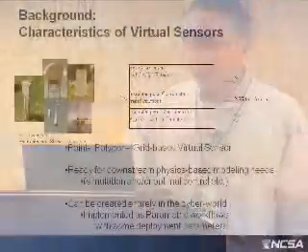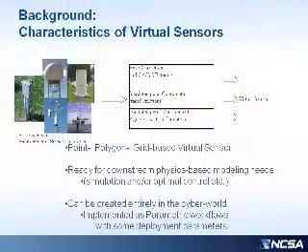So the characteristics of virtual sensors is more on the raw sensor data side, where you can do error correction, QA/QC filtering, spatial temporal coordinate transformation, spatial temporal measurement aggregation, and then you produce the new virtual sensors.